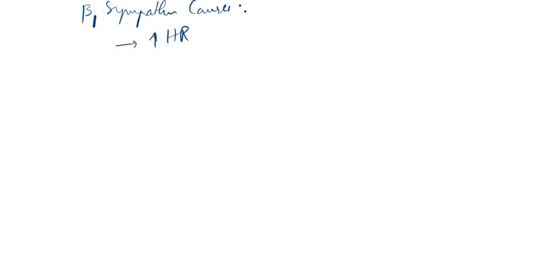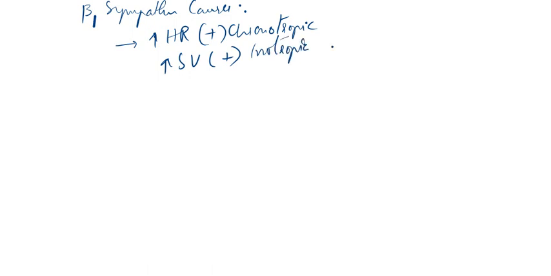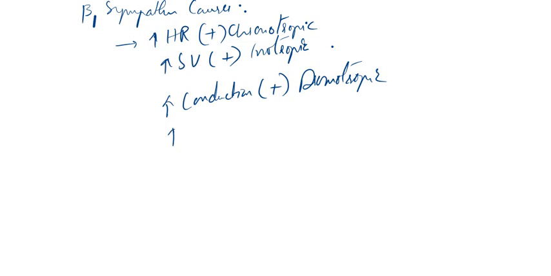increased heart rate. It is a positive chronotropic effect. Chronotropic means there is an increase in heart rate, and an increase in stroke volume, that is, there will be a positive increased stroke volume present, and it is positive inotropic, and there is increased conduction, which is positive dromotropic, then there will be increased excitability, that is positive bathmotropic.